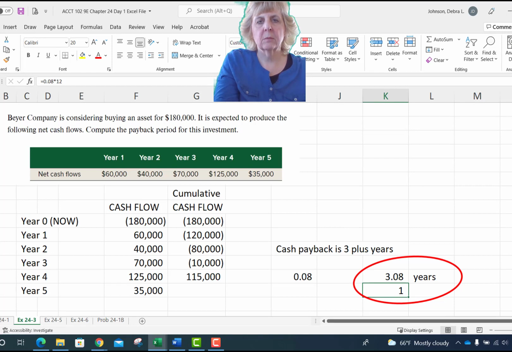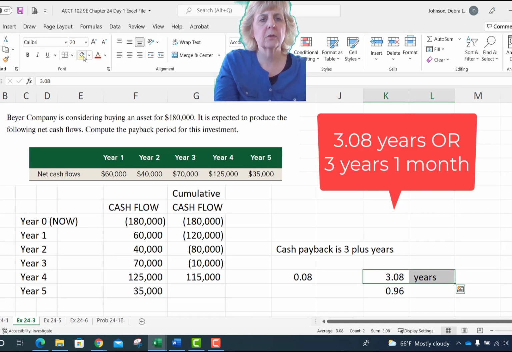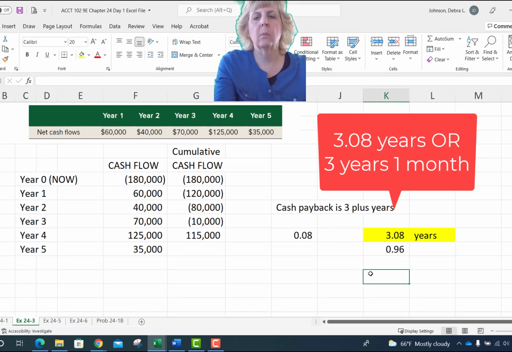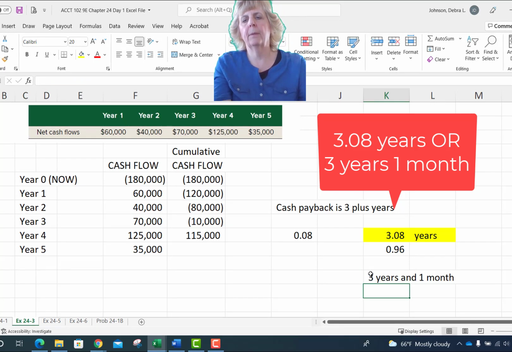And again, let me put a decimal place on that. It would be almost 1 month. So our answer is 3.08 years. And if you had a multiple choice question or something that asked you in years and months, how long is that? This would be 3 years and 1 month.